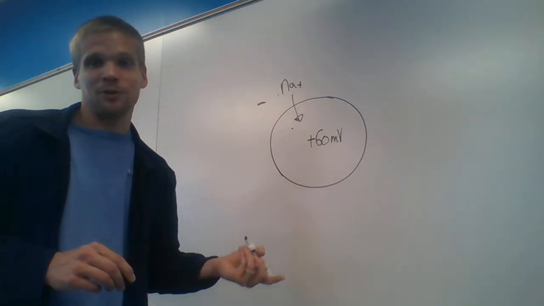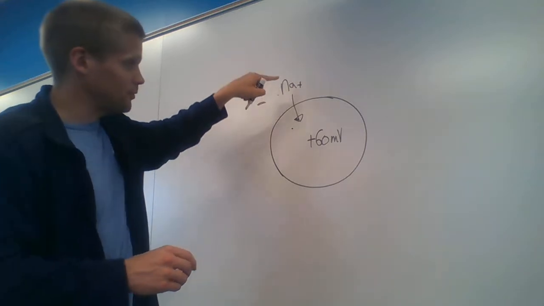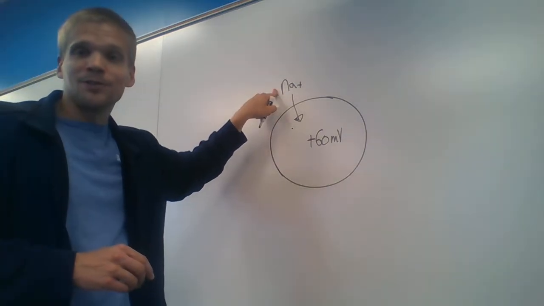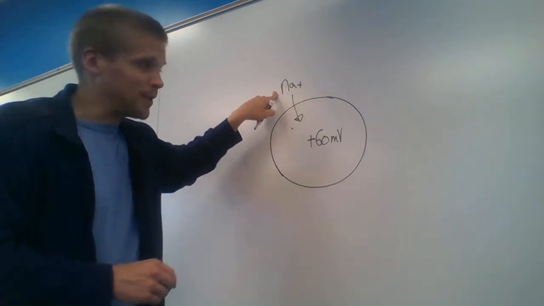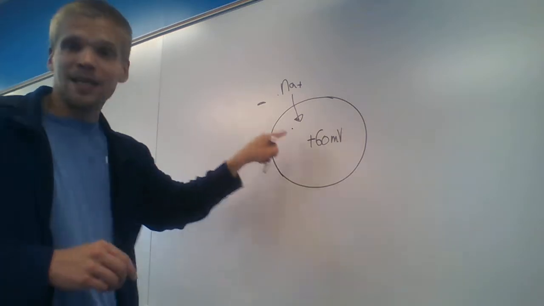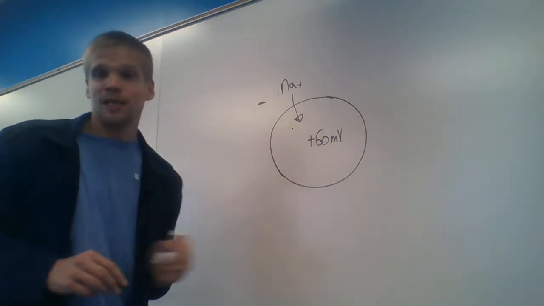But what's happening to the extracellular fluid, right? As positively charged ions are going from the extracellular fluid into the intracellular fluid, the number of negatively charged ions on the outside is increasing in relationship to positive. Okay, so the outside is becoming negative while the inside is becoming positive.